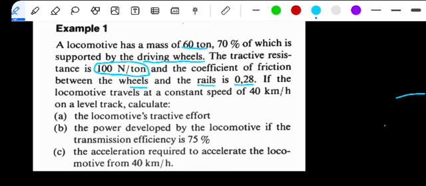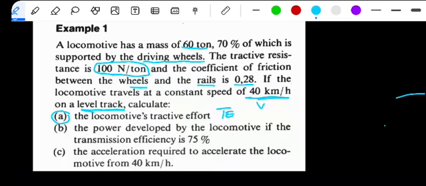That is the coefficient of friction. If the locomotive travels at a constant speed, the velocity they've given, v there, on the level. What is important again, they check it's a level track. Calculate A, the locomotive tractive effort. We want TE there, the locomotive tractive effort.